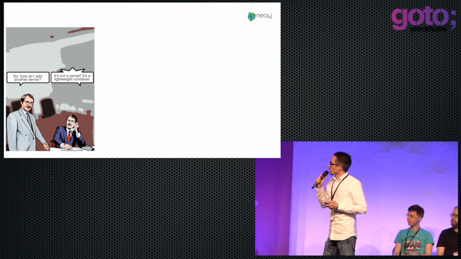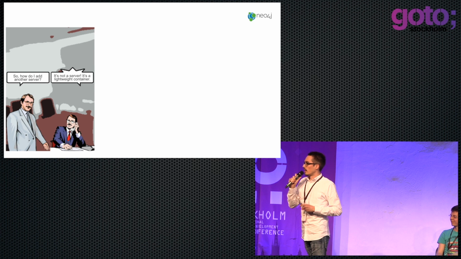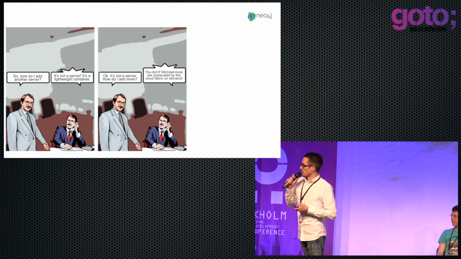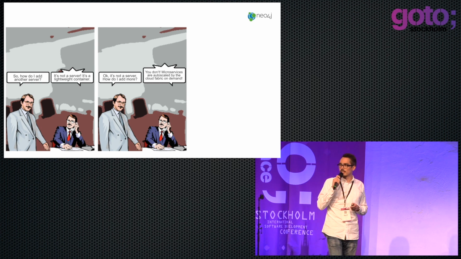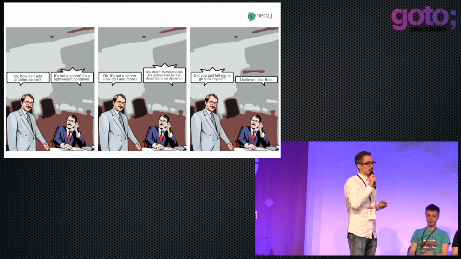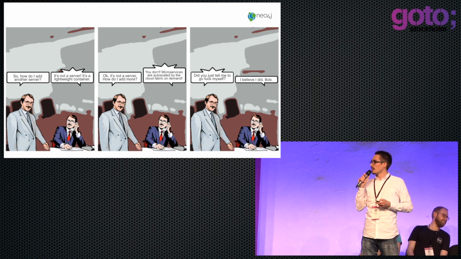So, modern infrastructure and the complexities. I've put together a small cartoon for you that I hope encapsulates what it's like to learn about modern infrastructure today. It's not as easy as you would think, right? There are a lot of things we need to care about today as developers, as architects.